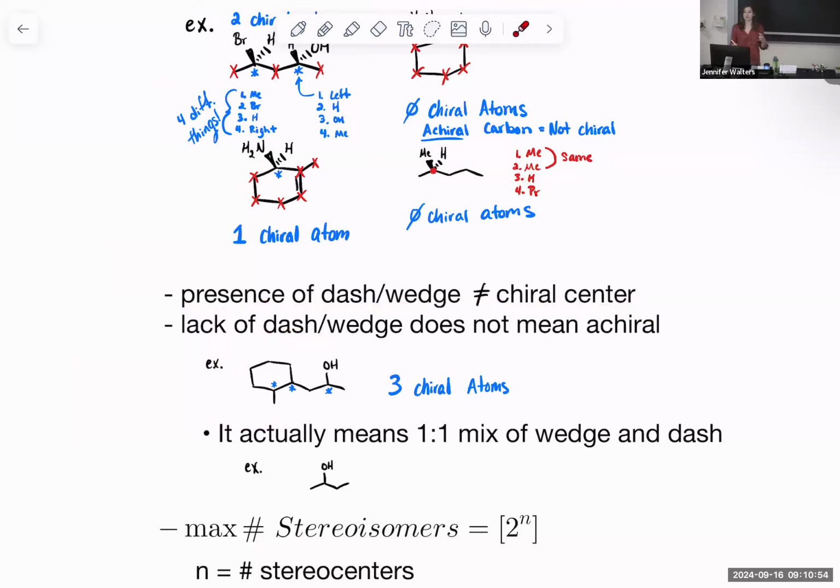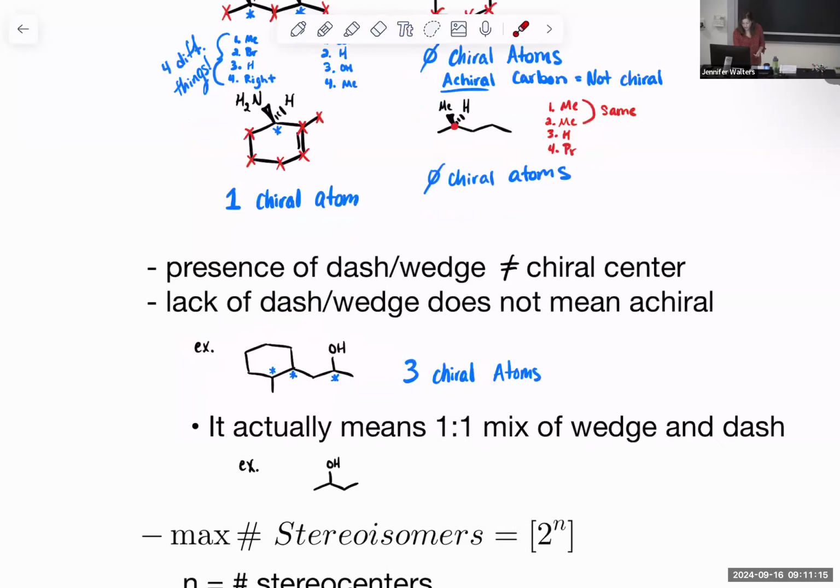You have to figure out what the 4 things attached to that carbon are, and they have to be different in order for it to be chiral. A dash or a wedge is a good indicator, but it doesn't mean that it's chiral. Likewise, the lack of a dash or wedge does not mean that it is achiral.